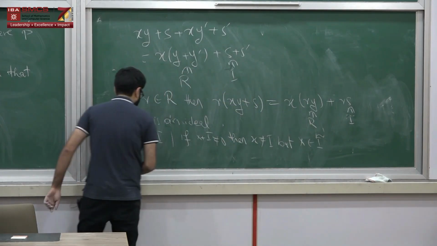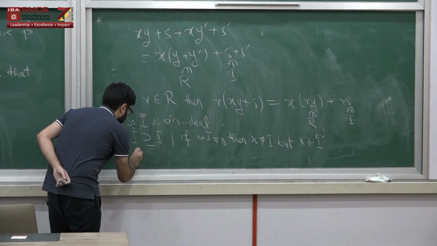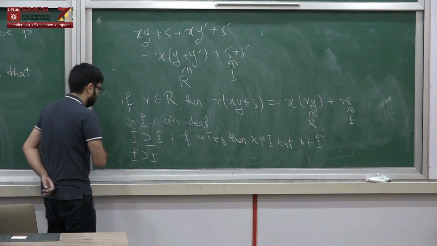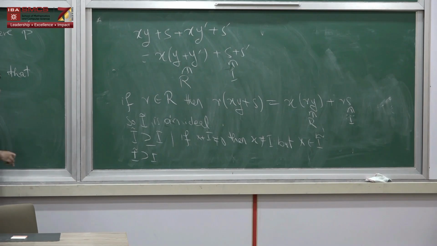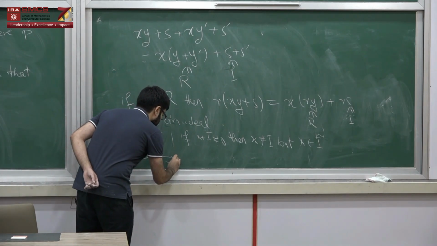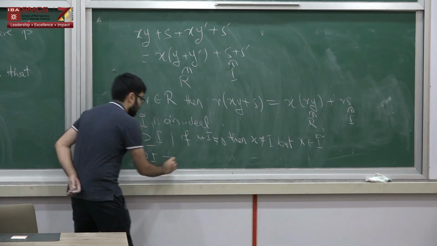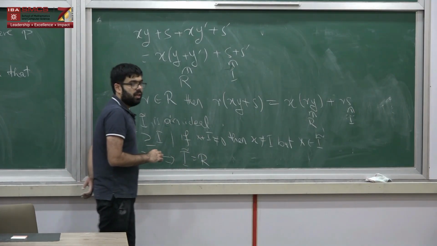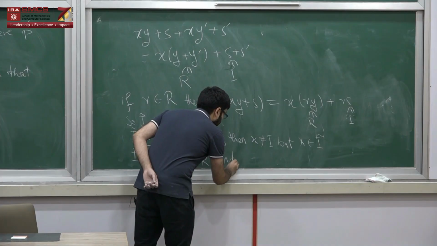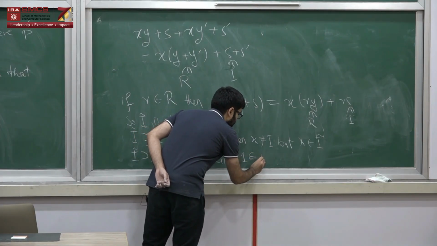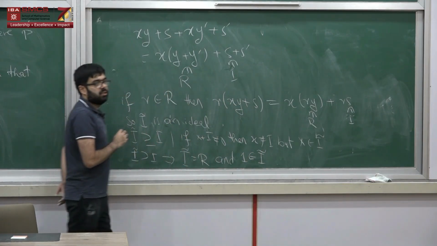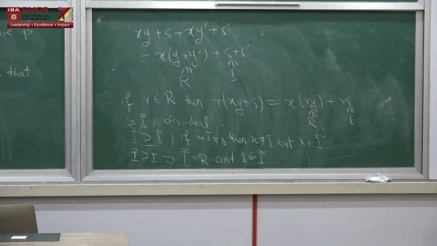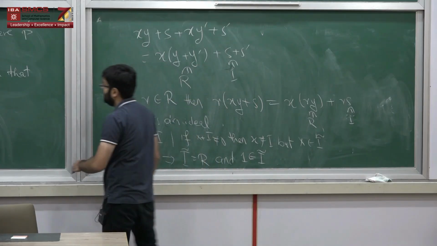So what I have is a strict inclusion. I tilde contains I, and this means since I is maximal, I tilde is equal to R, and 1 is in I tilde. And now I am almost done.